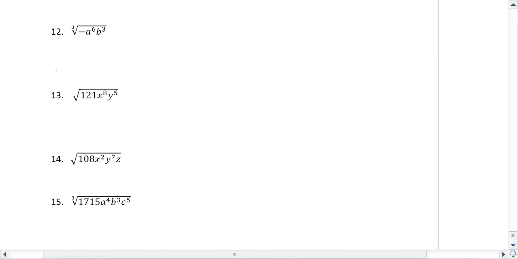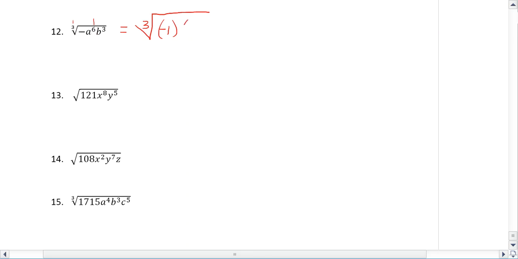Okay, now looking at example 12, we got to sort of shift our thinking now that we're looking for cube roots. And this negative sign really is a -1, so we just want to treat it like its own factor. So I have a -1 here. And again, since this exponent of 6 divides by 3, a to the sixth is a perfect cube.